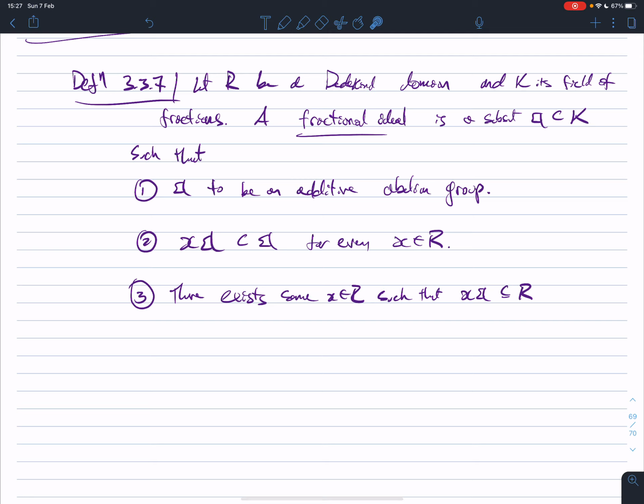So I can find one element which clears all the denominators in my ideal. So let me give you a simple example of this. If I let q be some rational number, then what I'm going to denote by this is the set of all n times q, such that n is in Z. This is a fractional ideal.